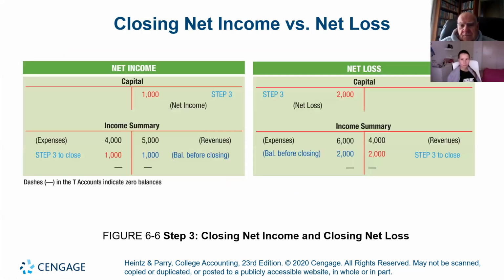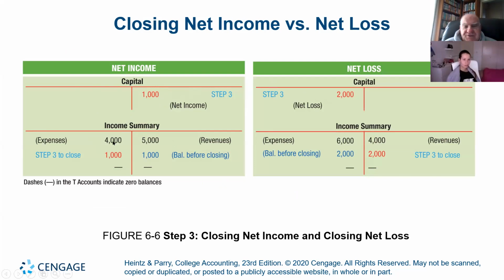So let's take it a little further. Income summary, net income. We're just going to look at a net income. I don't want to show a net loss. We're optimistic, right? So here's what we have. We had revenues of $5,000. And we debited those revenues and we credited the income summary.